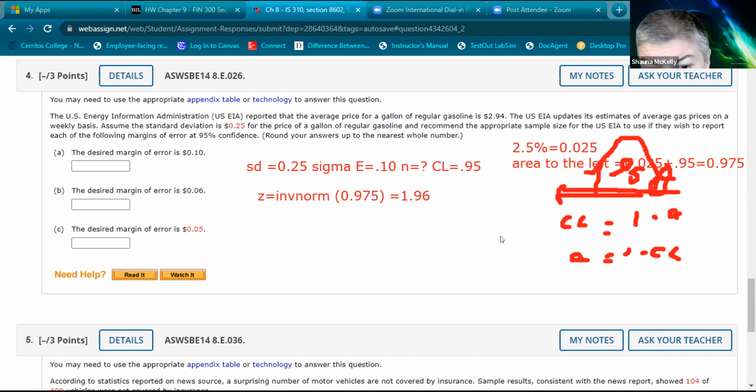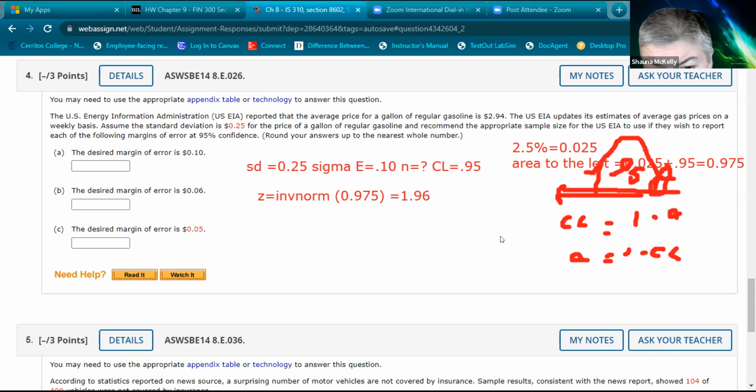You're going to divide that whole fraction by e, your error term, which in this case, the margin is 0.10.